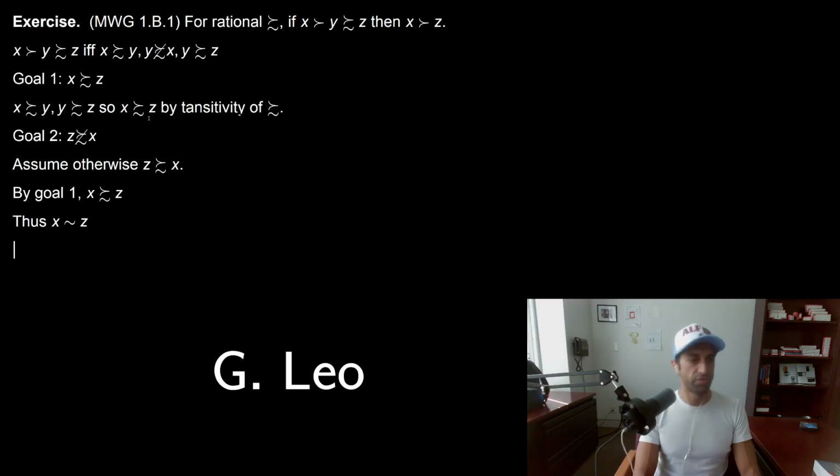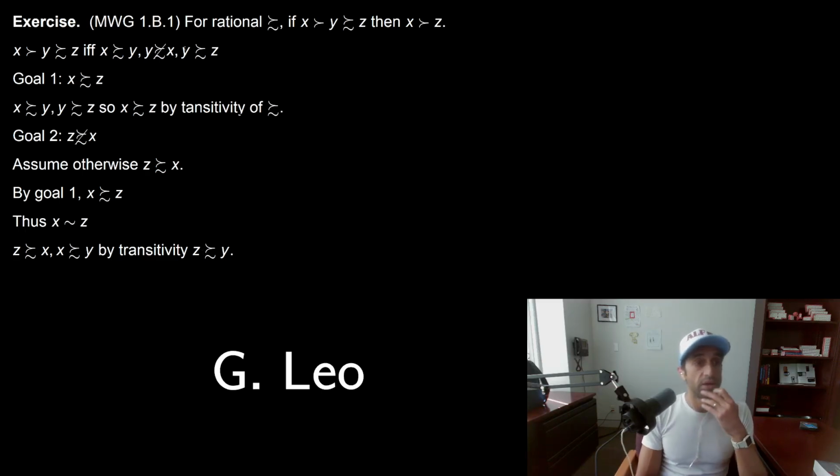We have if z is at least as good as x, and x is at least as good as y, by transitivity, z is at least as good as y.